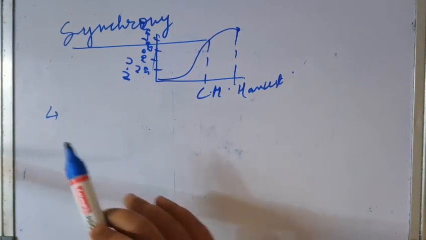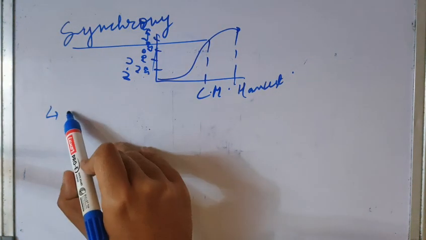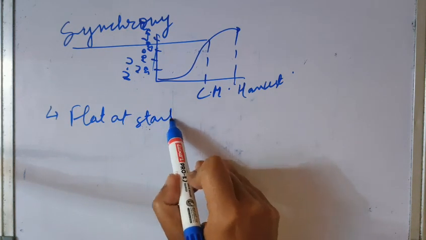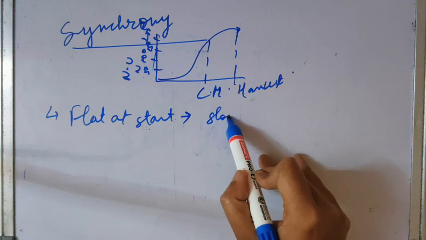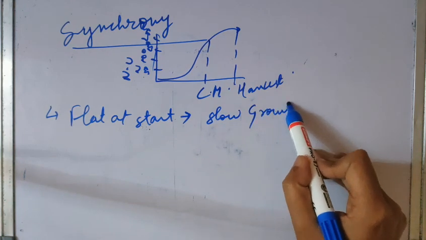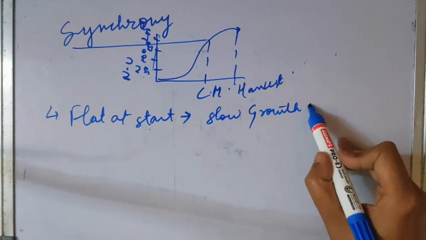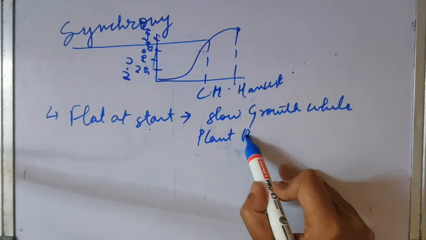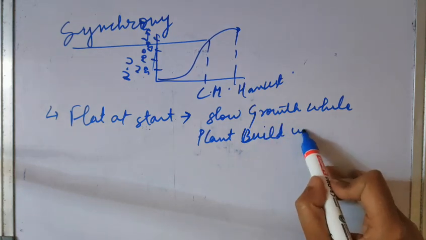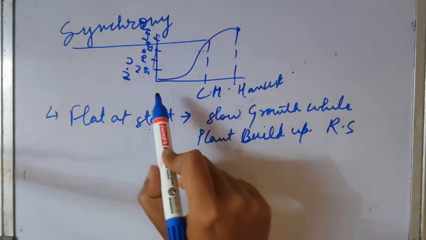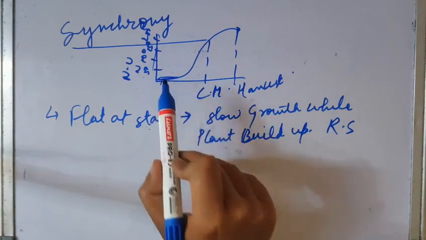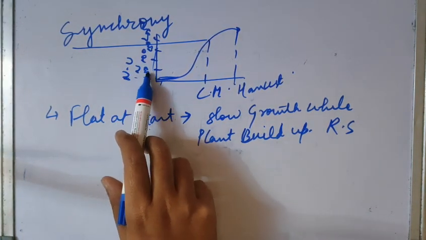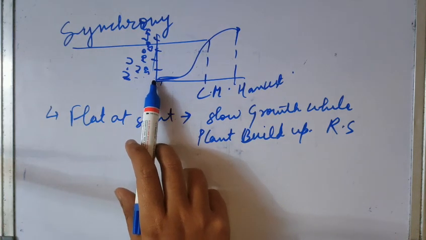So what happens in synchrony? The graph you can see is flat at the start. That means slow growth while the plant builds up its root system. The plant is building roots, the growth is slow, and the amount of nutrient uptake by the plant is also low.